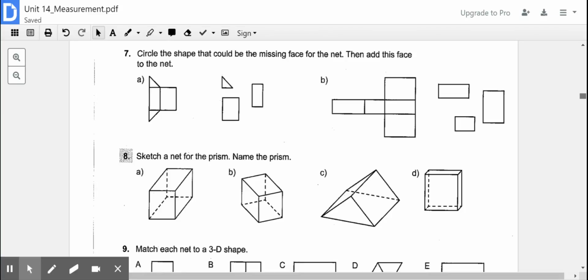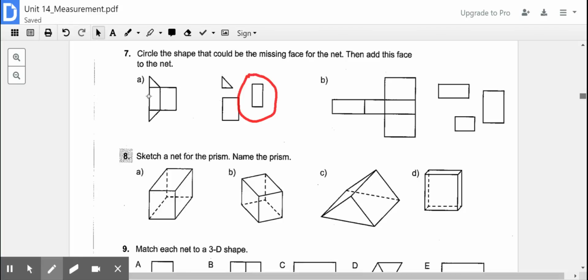Number 7 says, circle the shape that could be the missing face for the net. Then add this face. So let's check this one out here. This one here obviously is missing a face because I've got a triangular base and I've got a triangular top face there. And so I'm missing one of the sides there. And it looks like I'm missing, I think, the narrow one there, if I'm not mistaken.